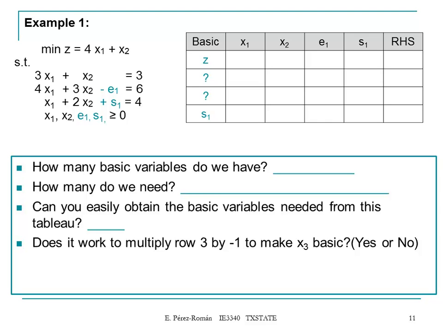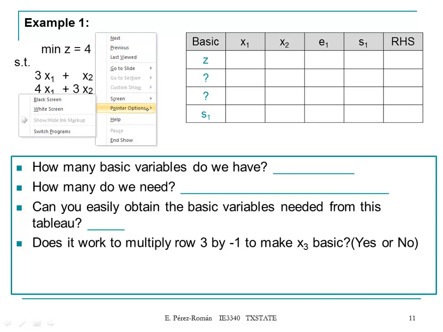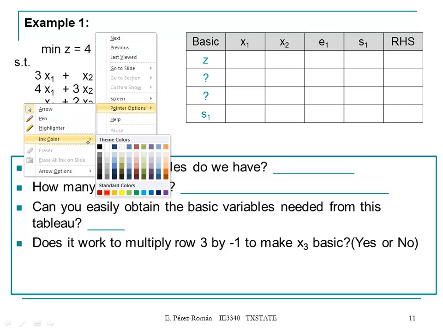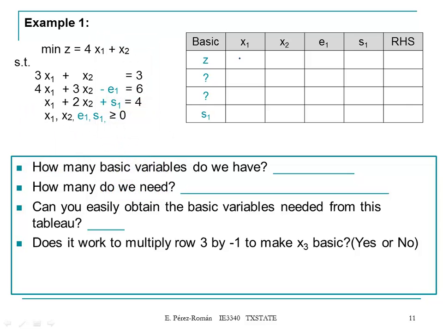For row 0, what would be the value of x1? -4, correct. And for x2? -1, correct. So we have -4, -1, and then 0 and 0. For the first constraint, we have 3, 1, 0, 0, and the right hand side is 3.